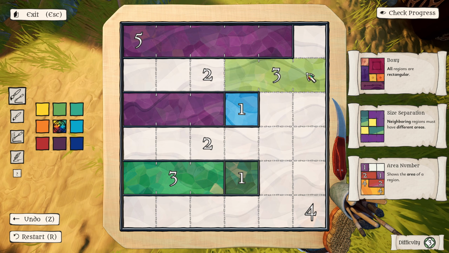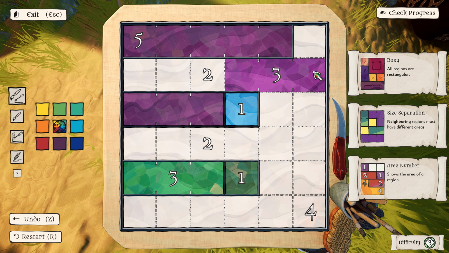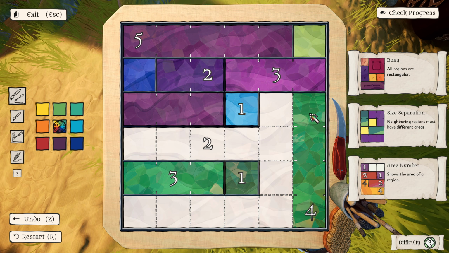That means this 3 could be here. It has to be, because if this was the 3, this would be a 2 and a 2, which is not allowed, or a 2, a 1 and a 1, which is not allowed. So that 3 goes there. 2, 1. 1, 2, 3, 4, or 1, 2, 3, 4.